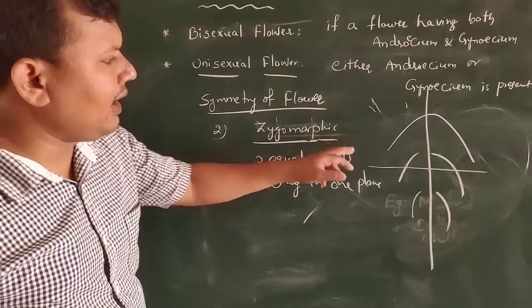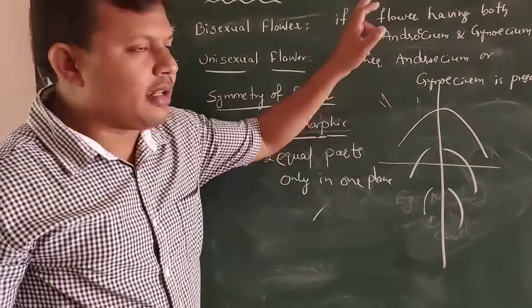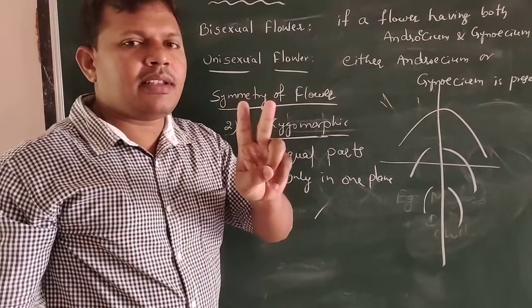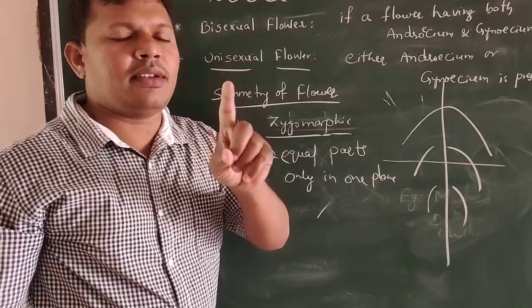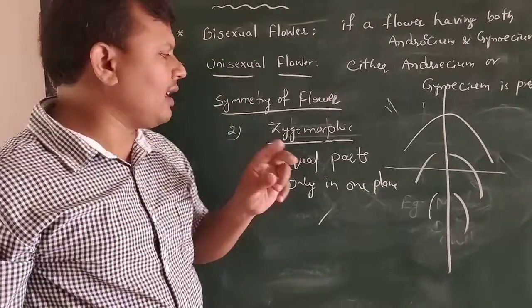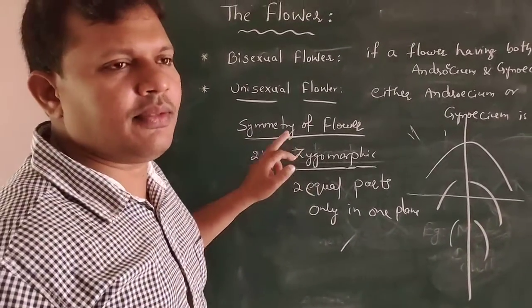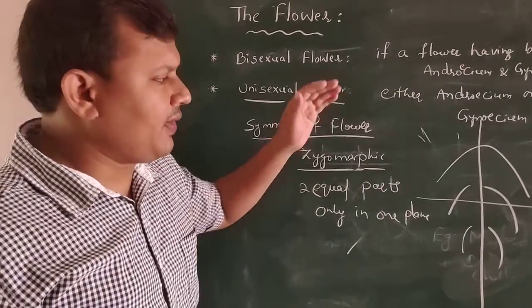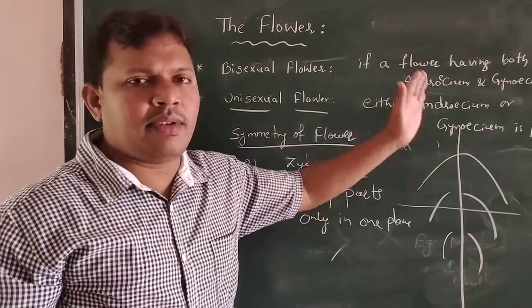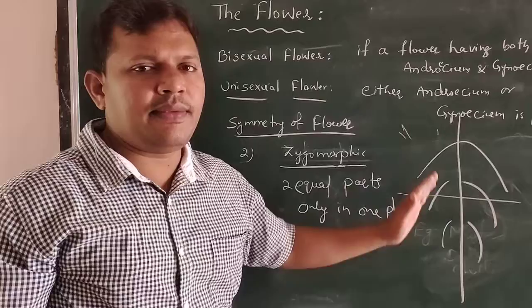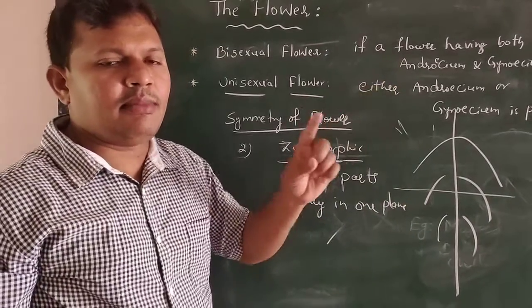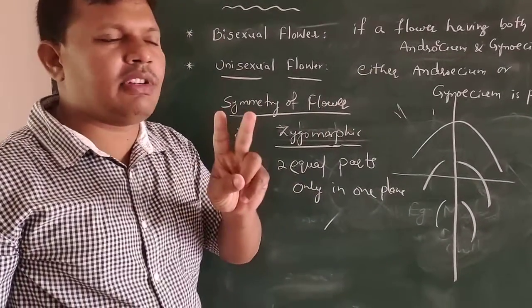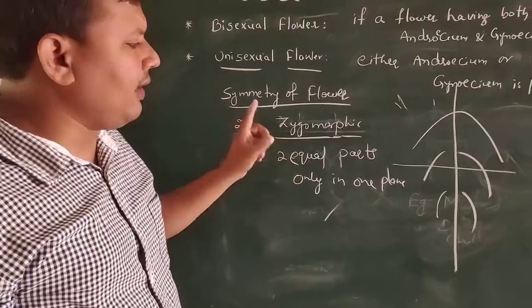Okay. So if the flower can be cut into two equal parts from only one plane, that can be called the zygomorphic flower. If a flower can be cut from any plane into two equal halves, that is the actinomorphic. From only one plane, that is the zygomorphic flower.